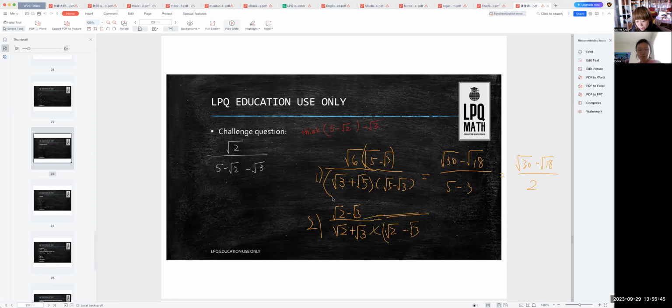Times. And the top is also square root 2 minus square root 3, correct?